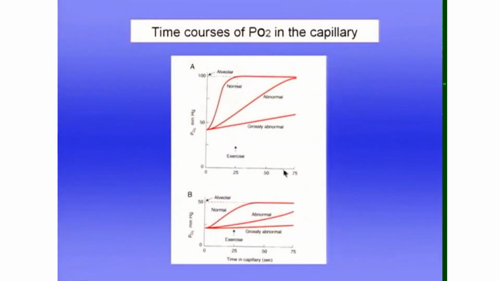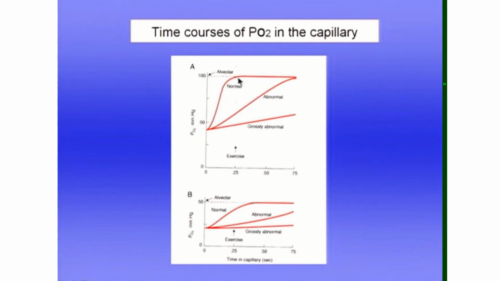The second one is exercise, because on exercise, the cardiac output increases greatly, and therefore the time spent by the blood in the pulmonary capillary is greatly reduced. In this particular example, we're suggesting that it can be reduced to 1/4 of a second, or 1/3 of the normal value. Whether it ever goes quite as low as that, I don't think anybody really knows, but that's the kind of order of change that we can expect.